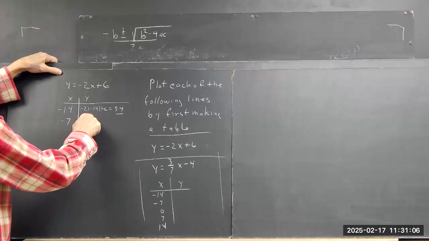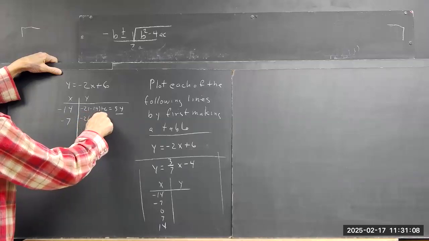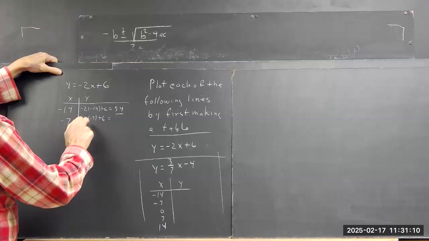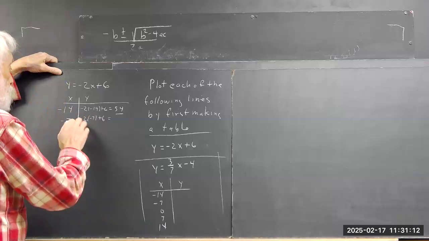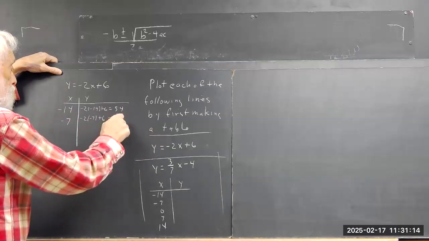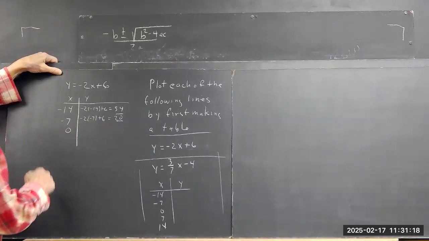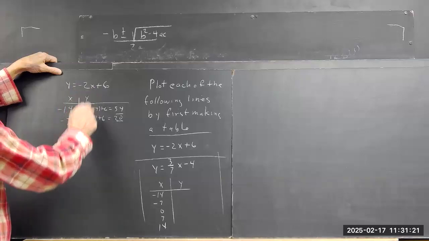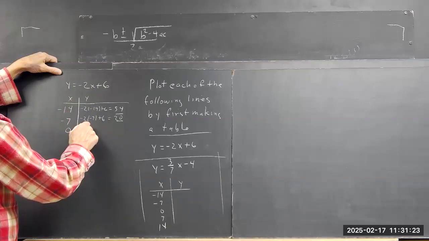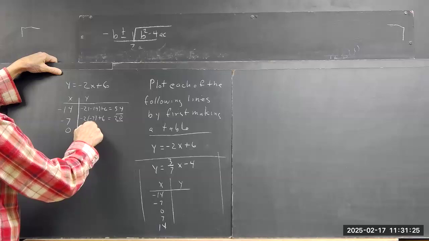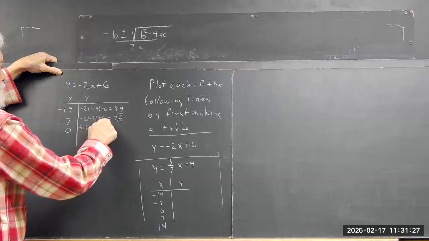We have -2 times -7 plus 6. And 2 times 7 is 14. The negatives give you a positive. We add 6, we get 20. X is 0. Well, that one's easy because 2 times 0 is 0, and I'll write it anyway, -2 times 0 plus 6.